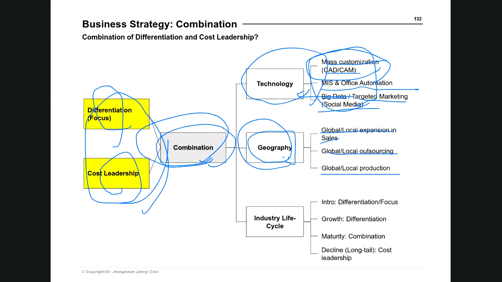So the technology and the geography can give us a chance to maximize our competitive advantage. In order to achieve that, we need to combine them. We need to manage the paradox, mass production and customization, at the same time by using the technology.